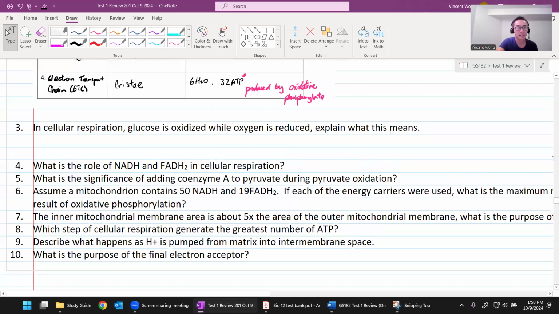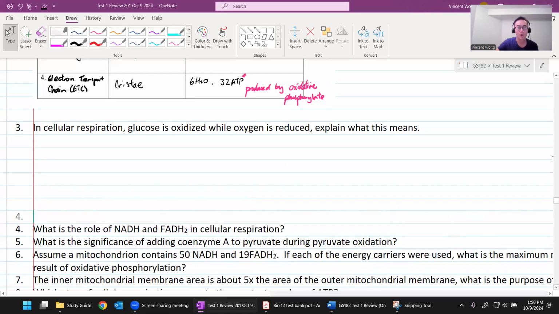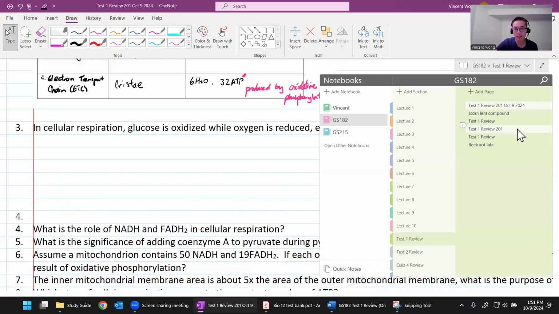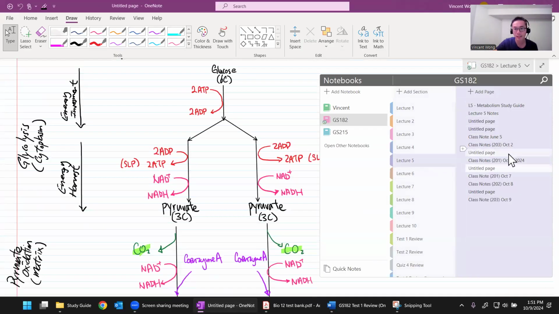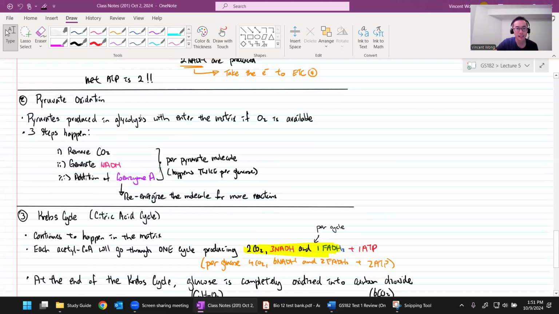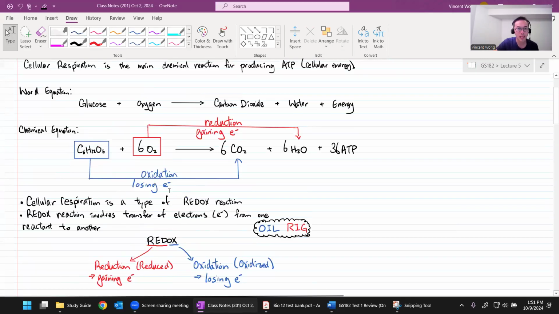Next, in cellular respiration, glucose is oxidized while oxygen is reduced. So I'm going to again go back to here and copy it over for you, because we actually wrote it down.